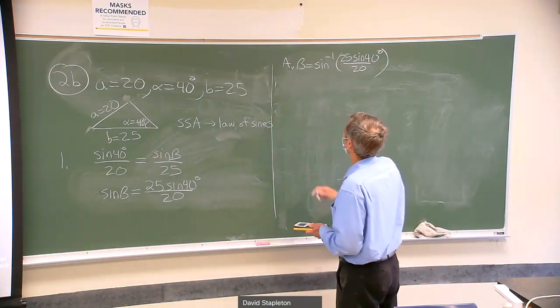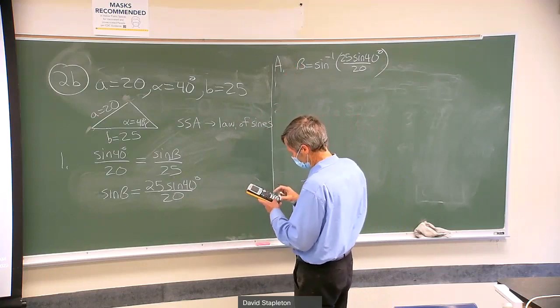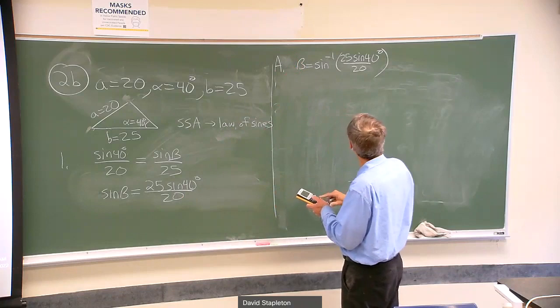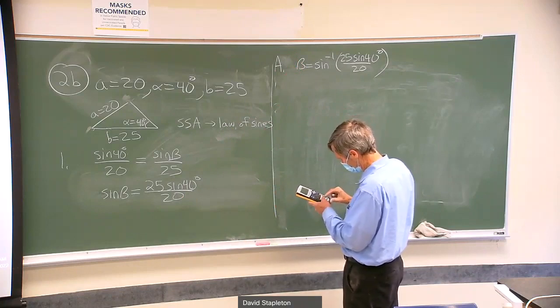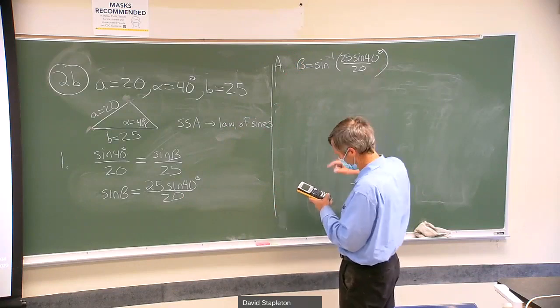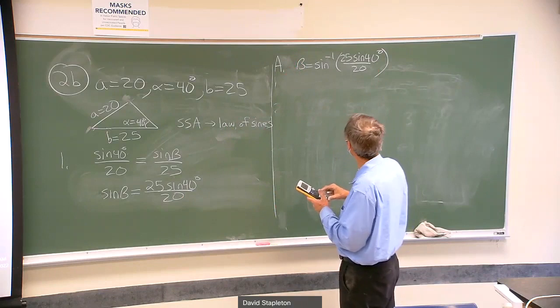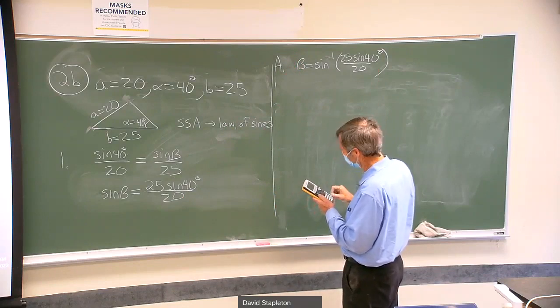So let's try this and say, what's the arc sine of that? And maybe we're done. Who knows? Arc sine of 25 times sine 40, and make sure you close that parenthesis there so you don't take the sine of the whole bottom and then think there's no solution. Divided by 20. And let's see, we get 53.46.